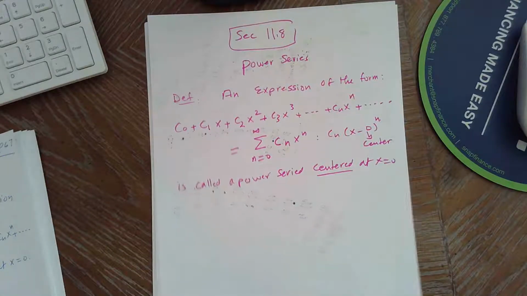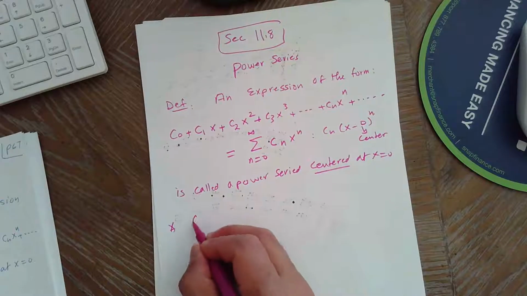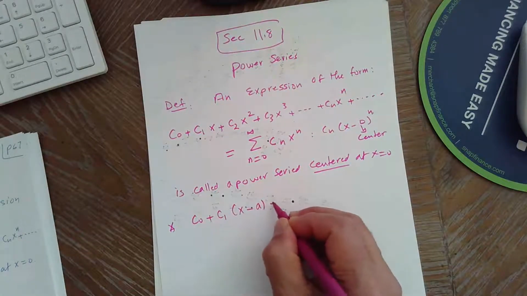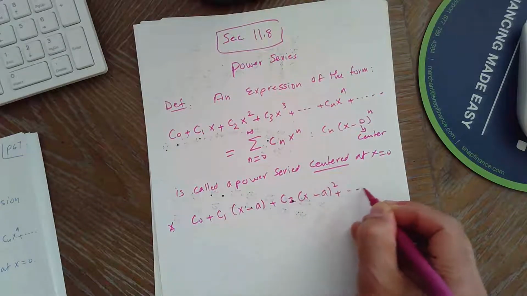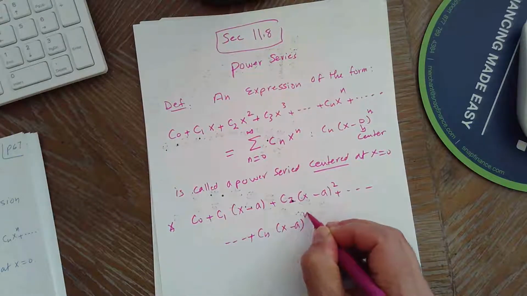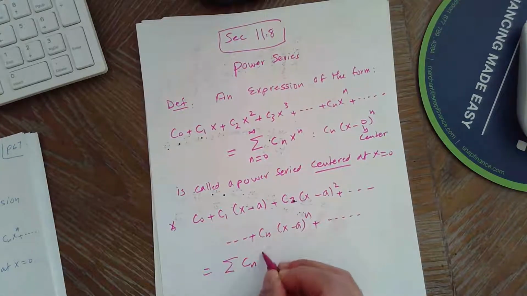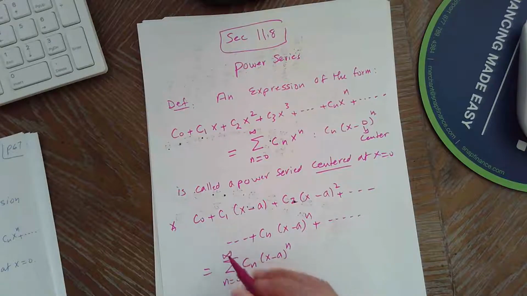Now we can expand it to any center if it was C0 plus C1 (x minus a) plus C2 (x minus a) squared plus Cn (x minus a)^n plus, which is sigma Cn (x minus a)^n, n equals 0 to infinity.